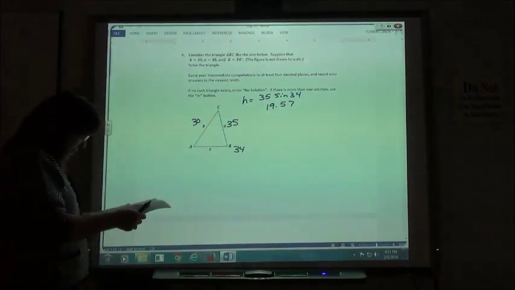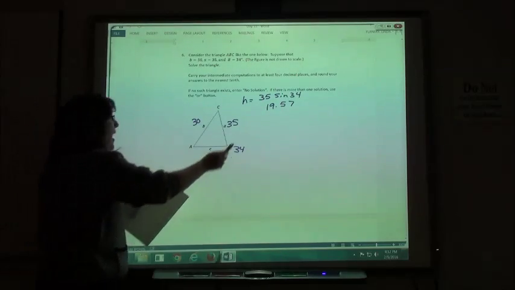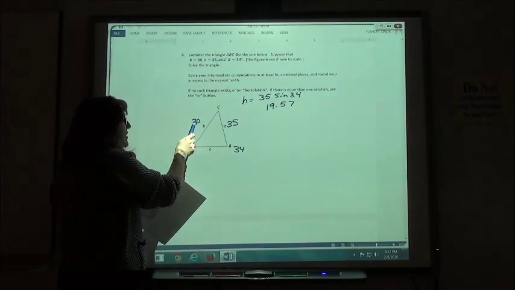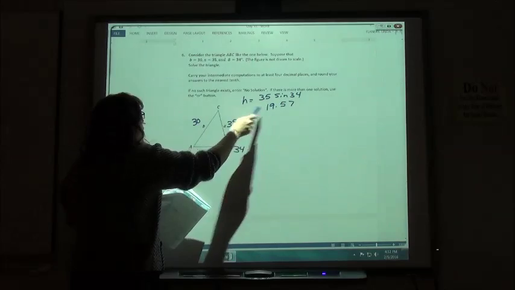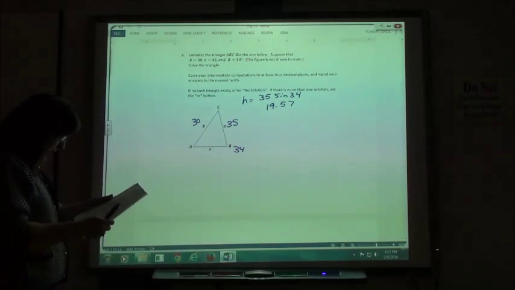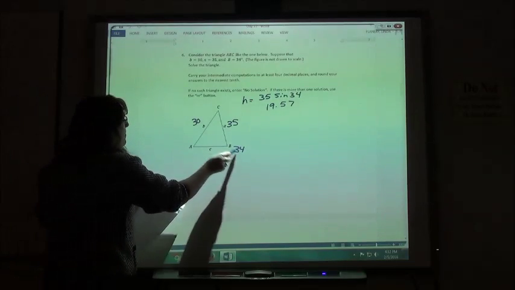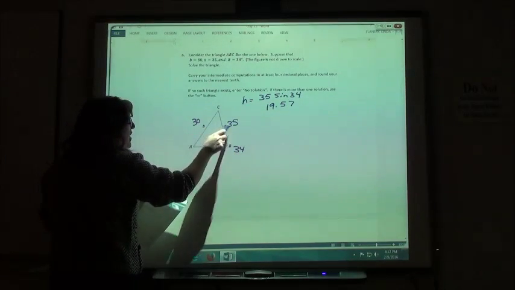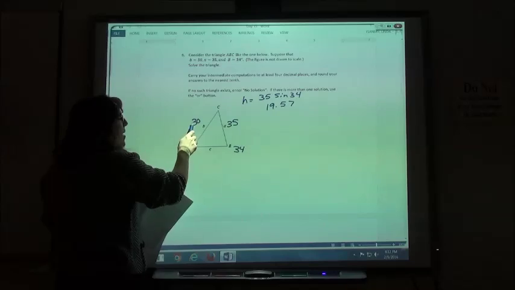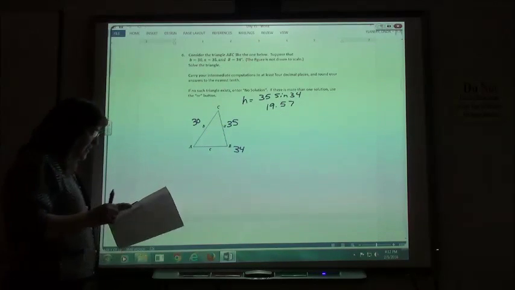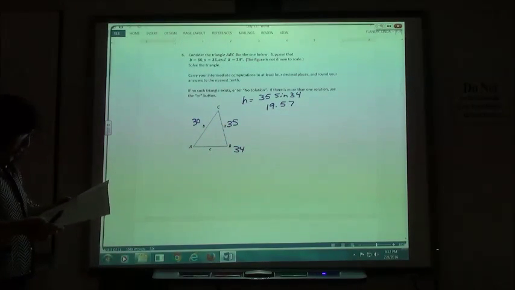So now we check. Is h equal to the opposite side? The opposite side is 30. Well, nope, it's not equal to that. Is the opposite side greater than the adjacent side? My opposite side is 30, my adjacent is 35, so no. The opposite side is not greater than the adjacent side, so we know we don't have one triangle.